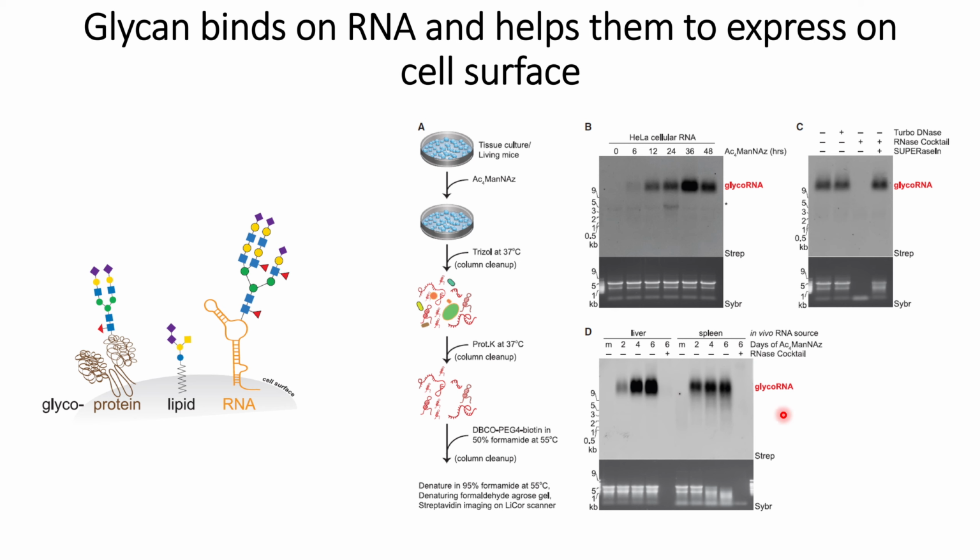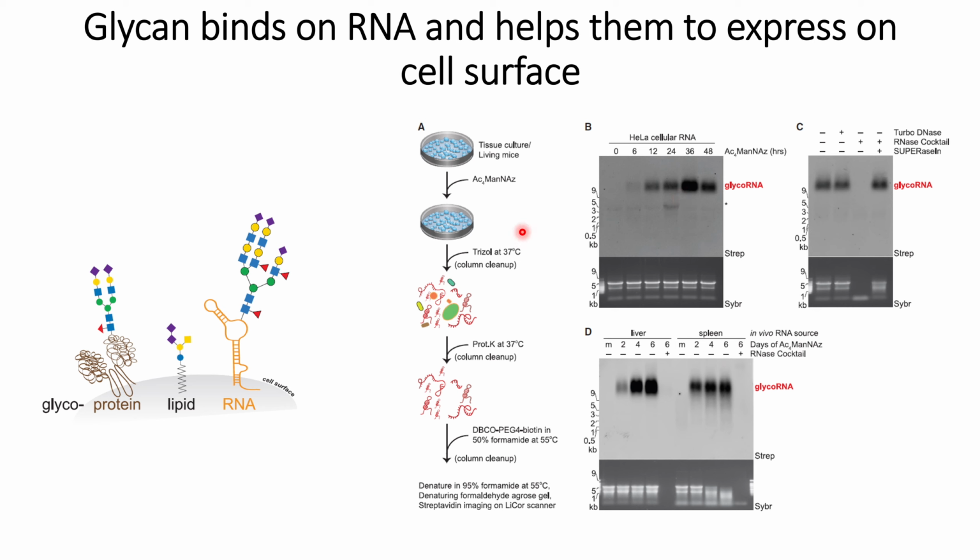From this they made the point that the presence of glycoRNA is not because of some additional chemical reaction going on in the tissue culture. However, this phenomenon exists in the animal model also, in the in vivo RNA source.